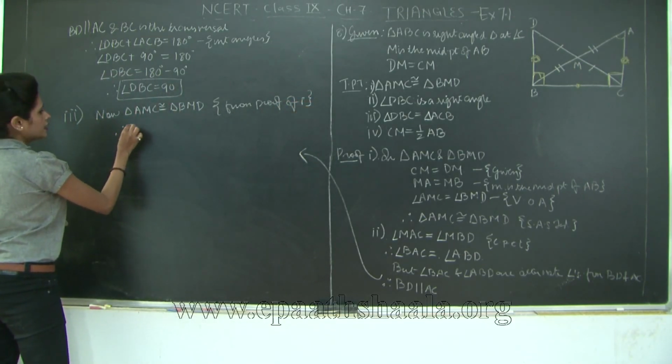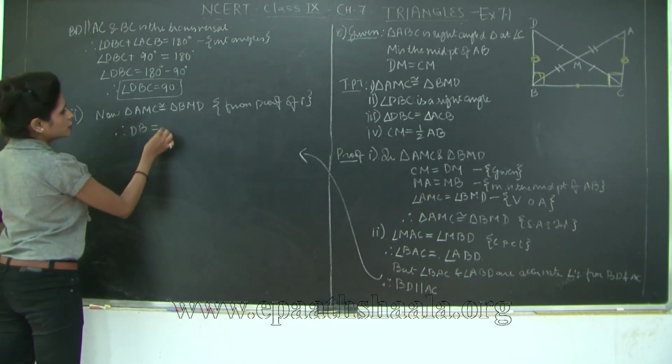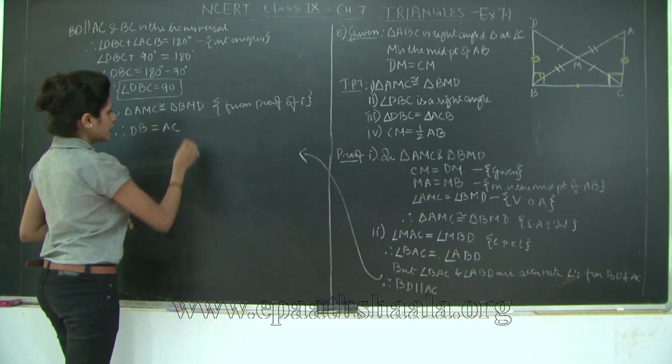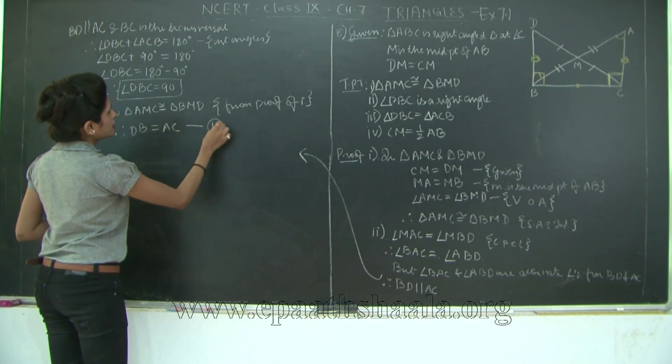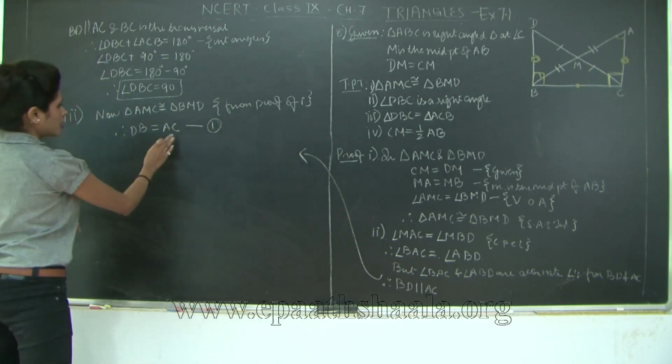Therefore, DB is equal to AC, right? And I'll mark this as 1. Have we marked anything else as 1? No. So I'll mark this as 1.